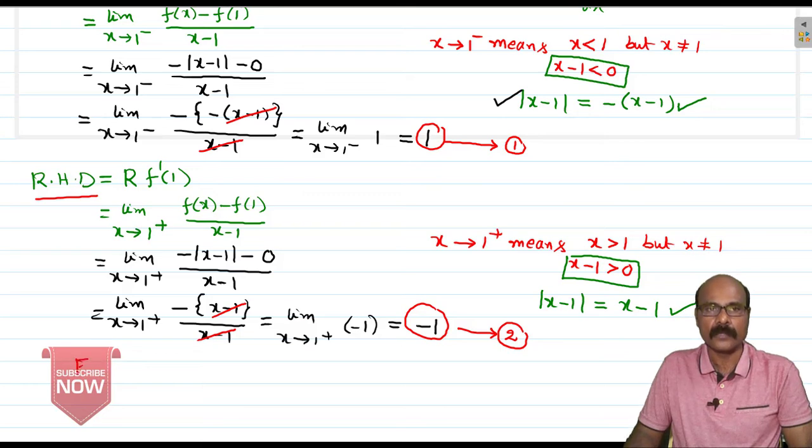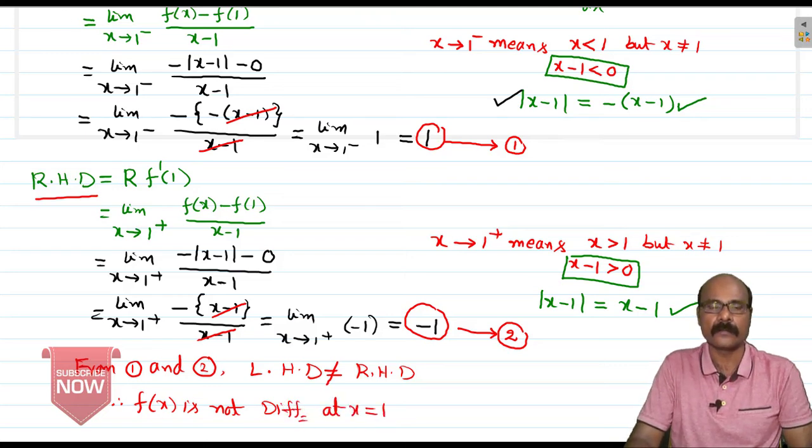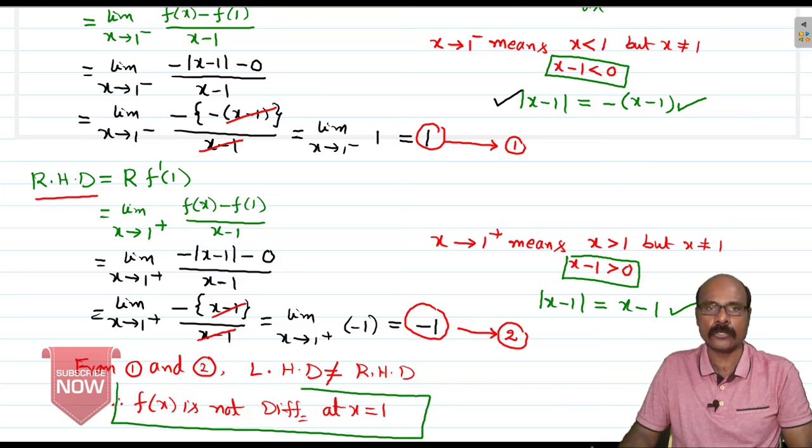Left hand derivative value and right hand derivative value are not equal. Therefore, we can say f of x is not differentiable at x is equal to 1.